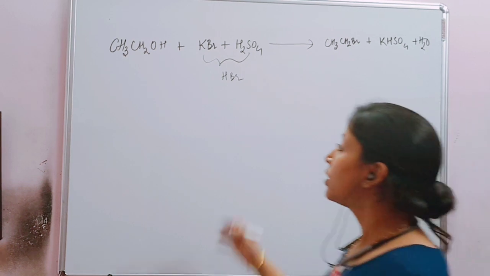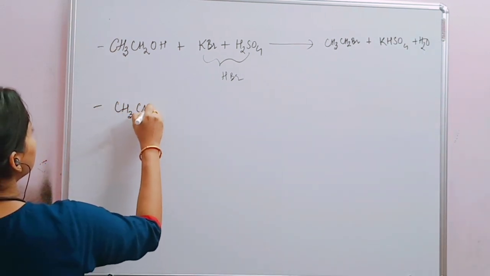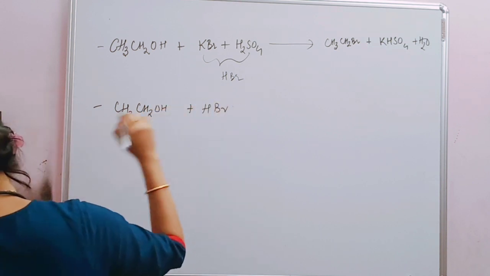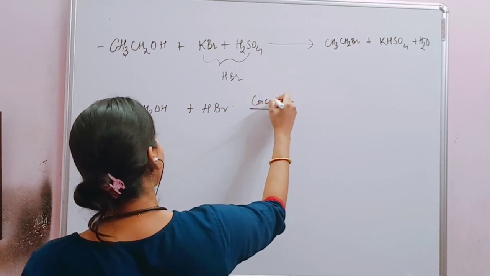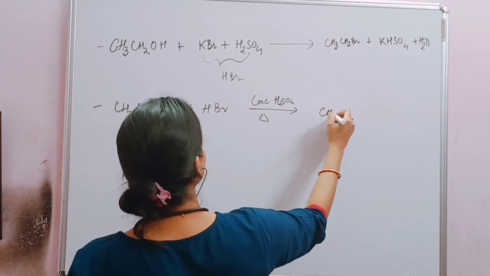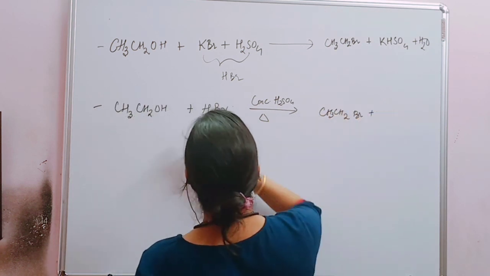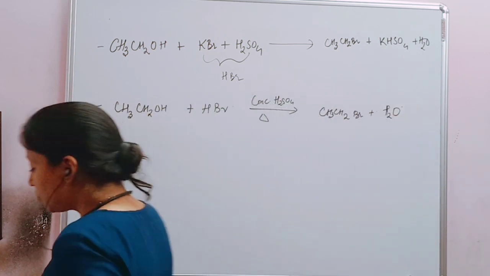You can also write the reaction in another manner, that is CH3CH2OH plus HBr directly, with concentrated H2SO4 and heating, you will get CH3CH2Br plus H2O.